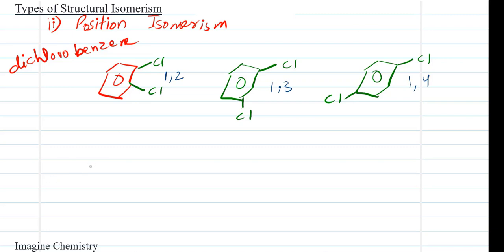Another example which you can take is, let's say, 2-butene and 1-butene. So here there is the difference of the position of this double bond, right? So this double bond is also a functional group. So these two are the types of positional isomers.